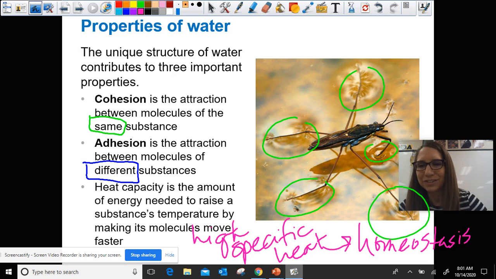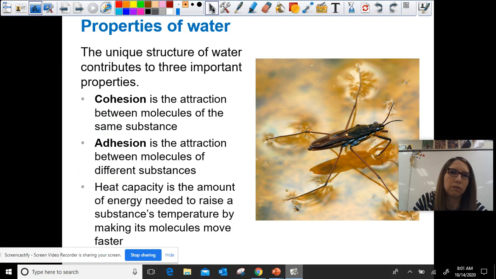Okay, we don't want our cells to increase in temperature too quickly or to change temperature too often, because then that runs a risk of endangering things like our proteins that need to do the work of our cells. All right, so it's very, very important that we maintain constant temperature, and we do that with the help of things like water. Okay. So those are some of the unique properties of water.